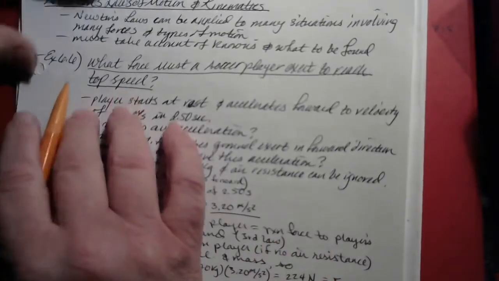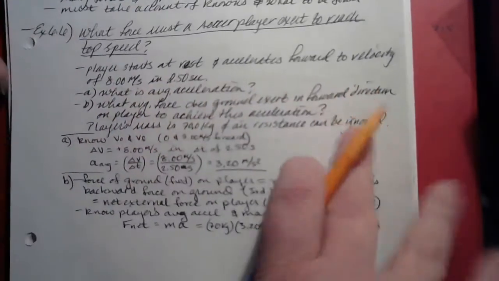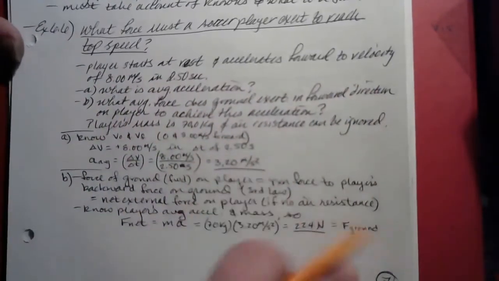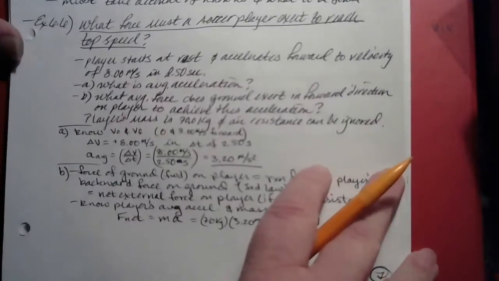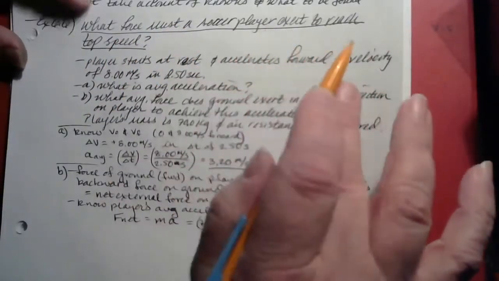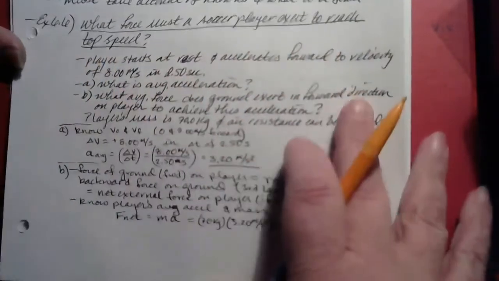An example of applying it to a situation that you might not immediately think of Newton's laws in connection with would be: what force does a soccer player, or anybody, for instance, running, have to exert to reach top speed?